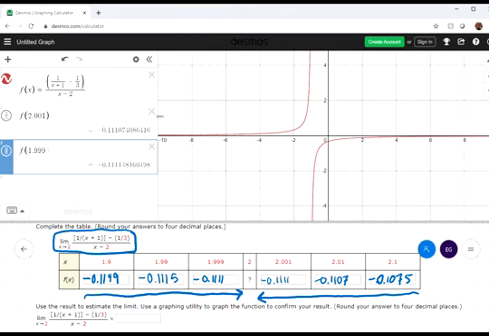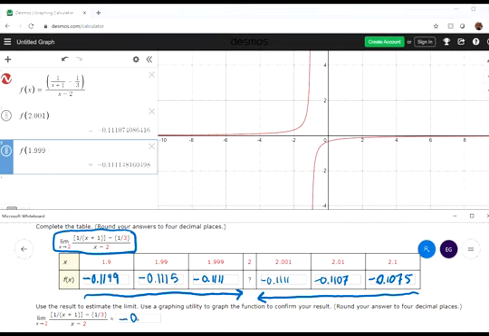But it looks like as we approach 2 from the top and approach 2 from the bottom, the y values, the outputs, the function values are getting closer and closer to negative 0.1111.